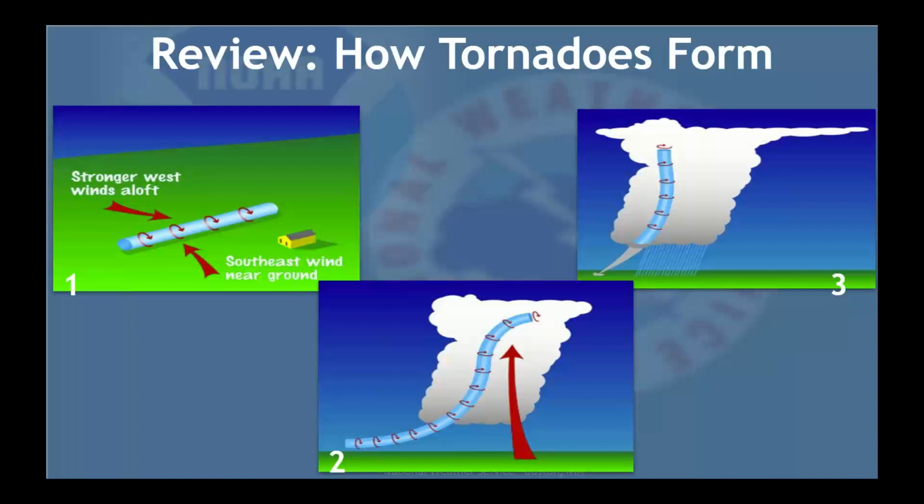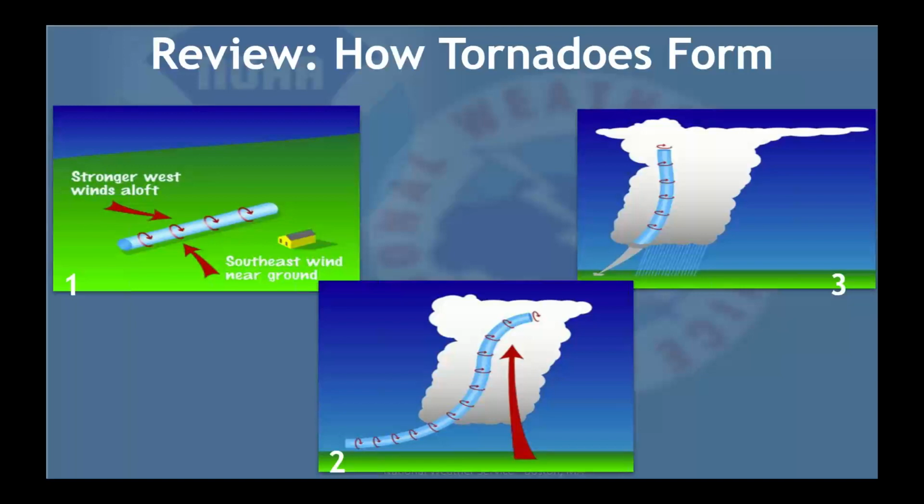So what happens is you have wind shear, which is just a difference in wind speed or direction as you go up higher in the atmosphere, and it can cause these horizontal tubes of air to be rotating. And these are going to be invisible to your eye. You're not going to see this, but as in image number 1 there, you get these horizontal rotating tubes. And then as it's moving across the ground, you get what's called an updraft, which is just vertically rising air.